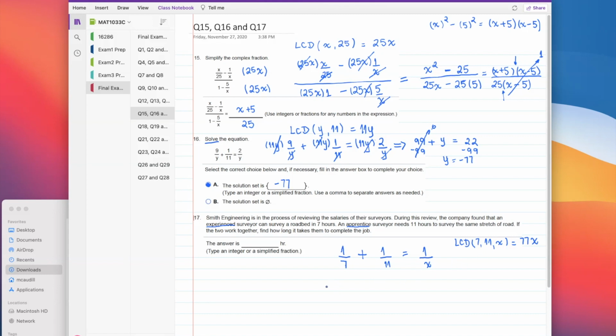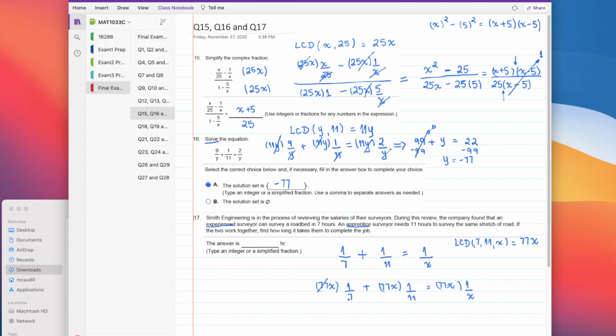And then I will multiply each fraction by this LCD. 77x multiply 1 over 7, 77x multiply 1 over 11, equal 77x multiply 1 over x.